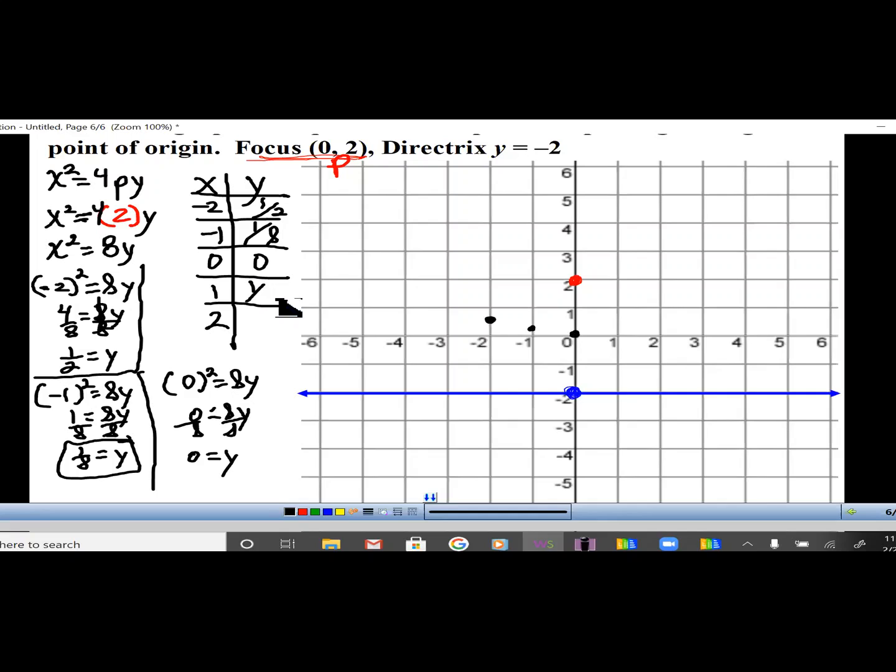That is correct, because it's going to reflect on this side. What is our value for x equals 2? 1/2, thank you. And that is how we graph our parabola given the focus and the directrix. And it's going through where? Through the point of origin.